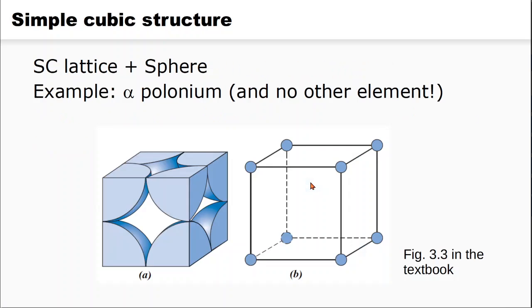So here's a simple cubic structure. You get the structure by placing a spherical atom at each lattice site of a simple cubic lattice.